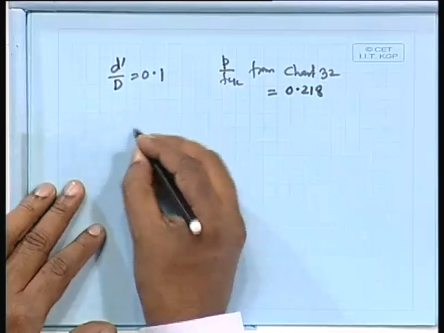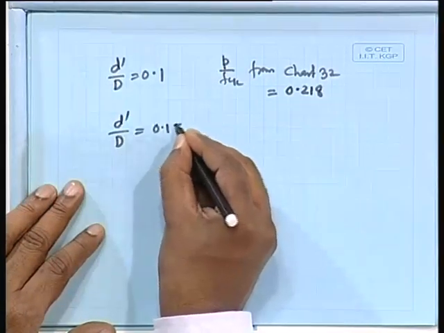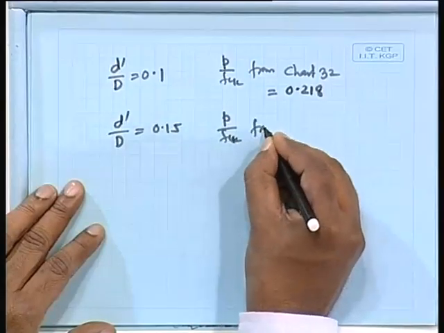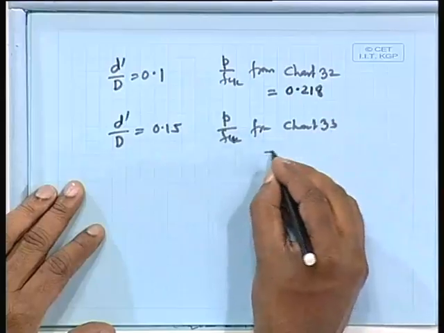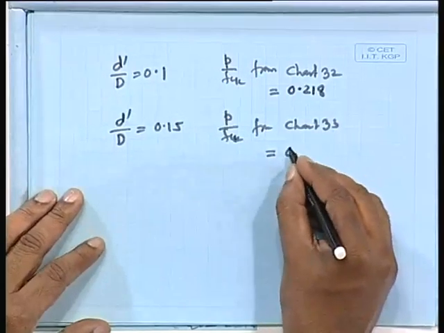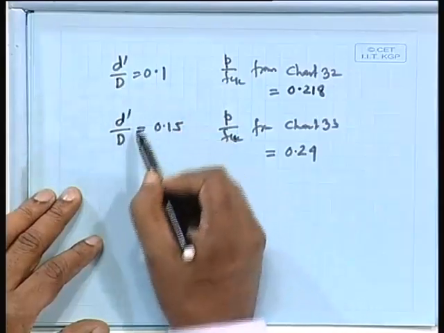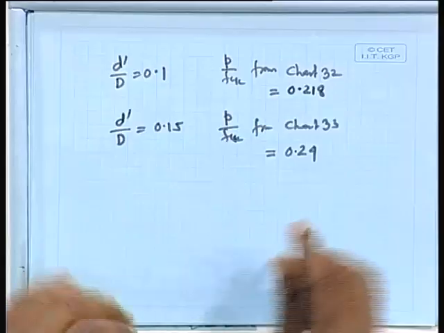Similarly, for the other one, D dash by D equal to 0.15, P by FCK from chart 33 comes as 0.24, because we have D dash by D 0.1 and 0.15. Now one can argue which one to take.